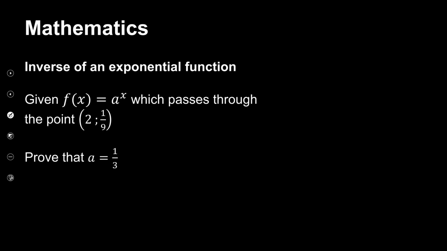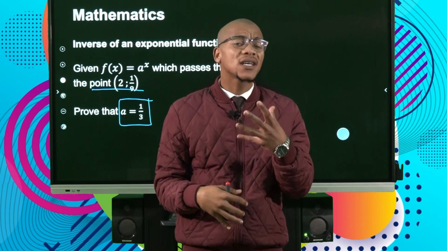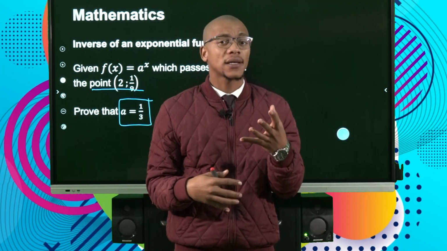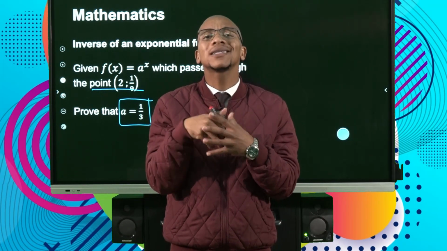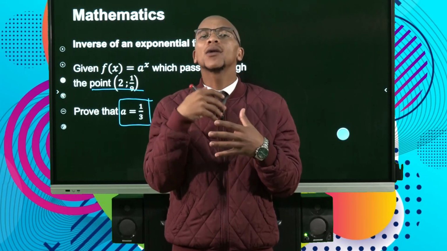Now here we are given that f of x is equal to a to the exponent of x, which passes through the point 2 and 1 over 9. The question says we must prove that a is equal to 1 over 3. Just remember that to prove something, you just need to show the process of how it became 1 over 3.